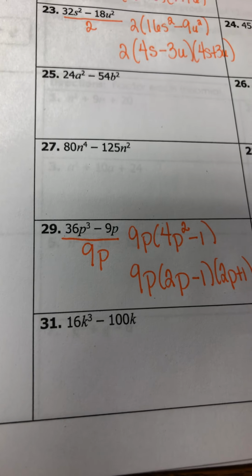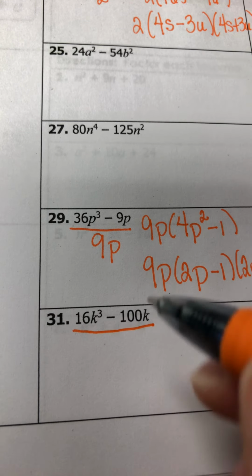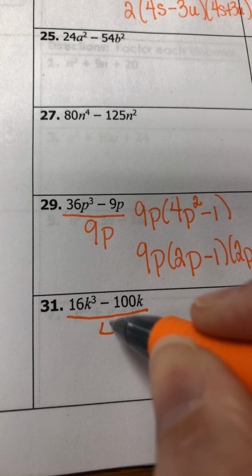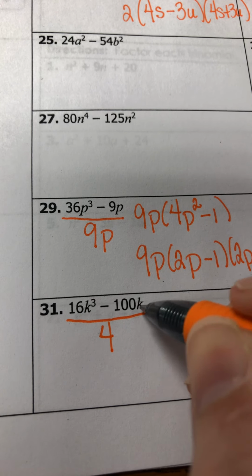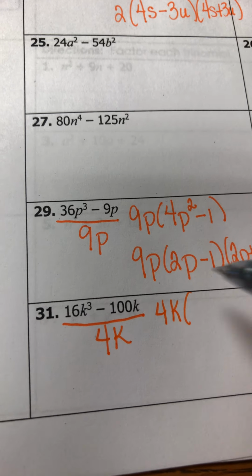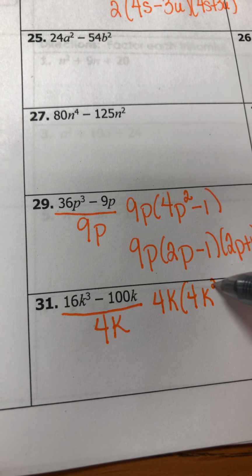All right, so looking at number 31, 16 and 100 have a GCF of 4, and then k to the third and k have a GCF of k. 16 divided by 4 is 4. 3 minus 1 is 2.